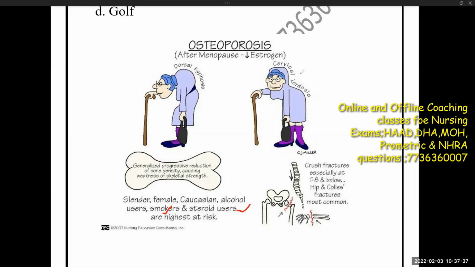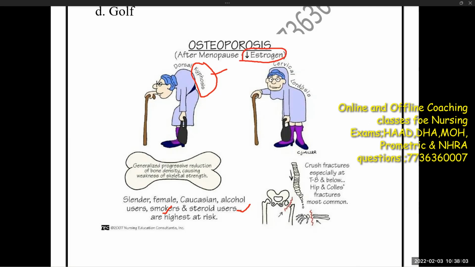Fine. And the sign of osteoporosis is kyphosis over the thoracic area, and there will be cervical lordosis. Okay, so you can just learn this kyphosis, and the basic reason for this is hormonal changes. Decreased estrogen level always causes osteoporosis.